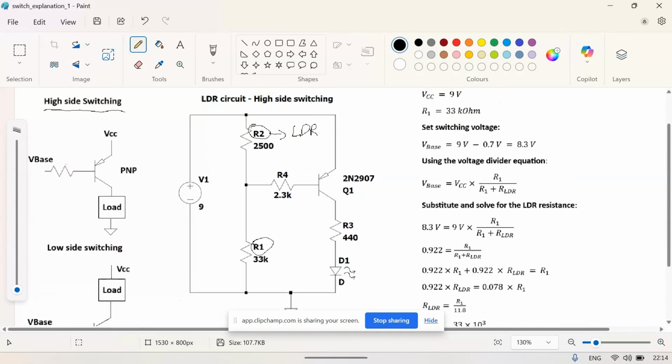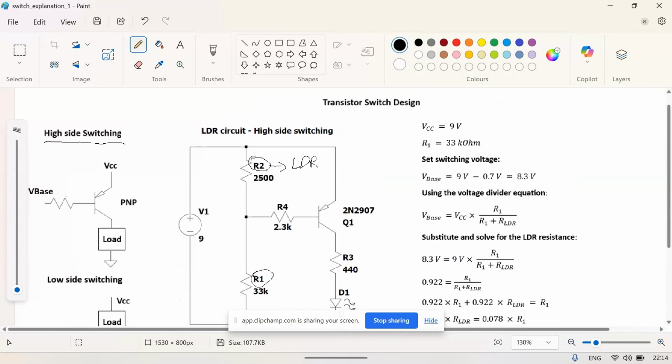So let's see how to use the transistor as a switch. These are the parameters used as specifications for designing the circuit. First we have to decide what is the switching voltage. The switching voltage is given by 9 volts minus 0.7 volts, which is the voltage at the base.